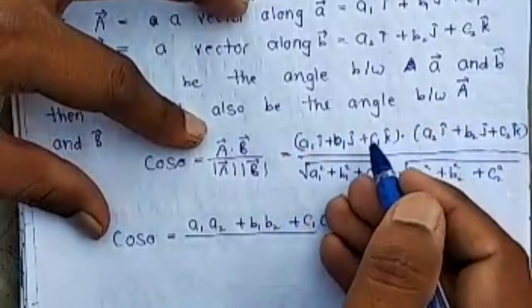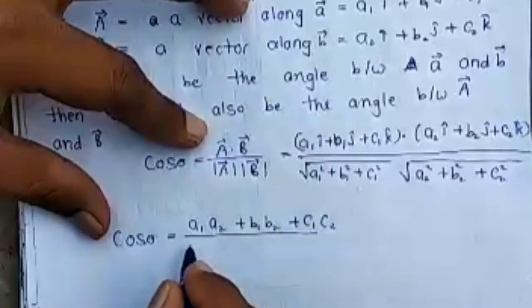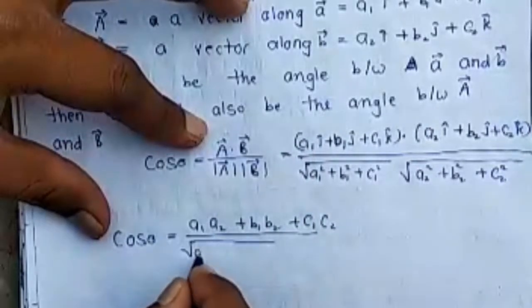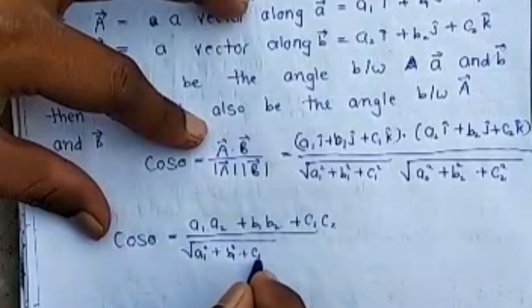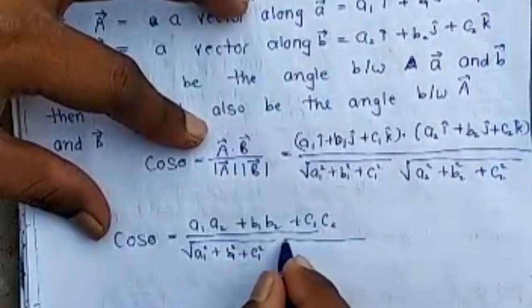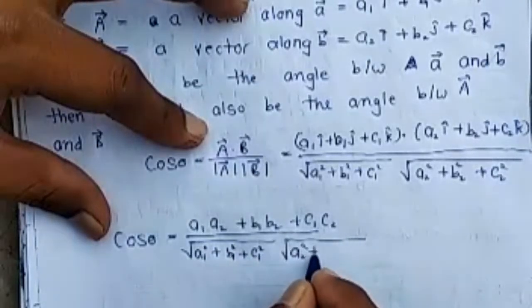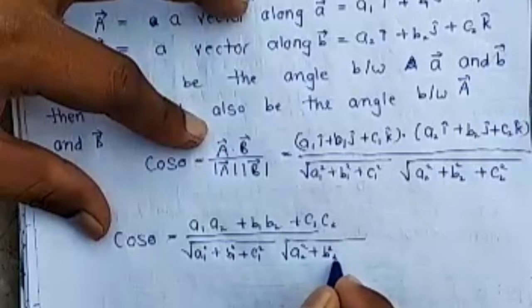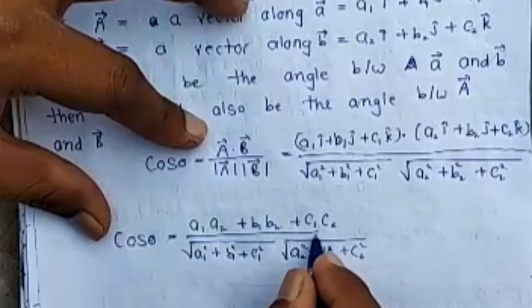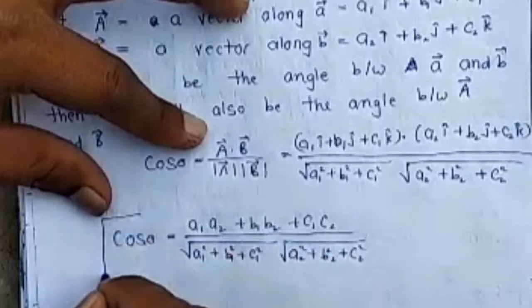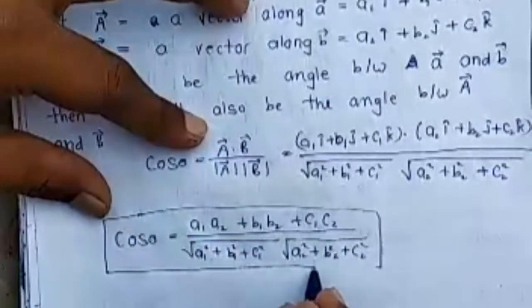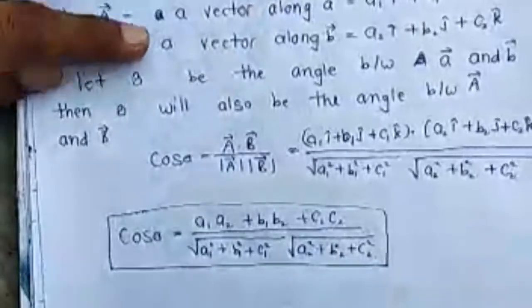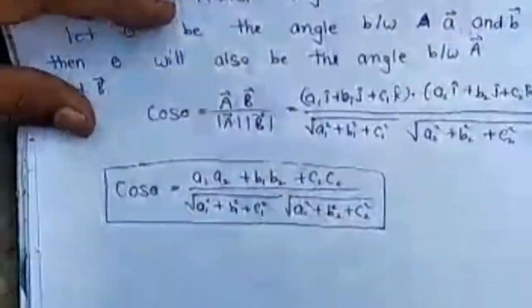Similarly j dot j is 1, j dot i, j dot k is 0, upon square root A1 square plus B1 square plus C1 square, times square root A2 square plus B2 square plus C2 square. This is the formula for finding the angle between two vectors in terms of their direction ratio.